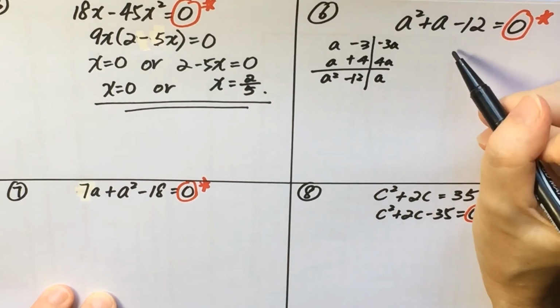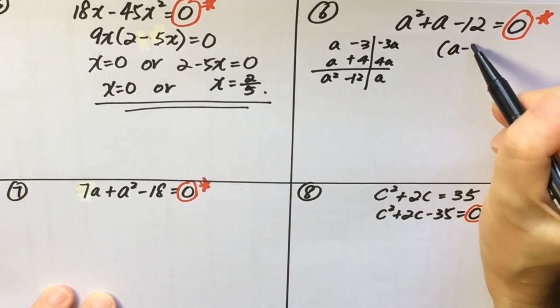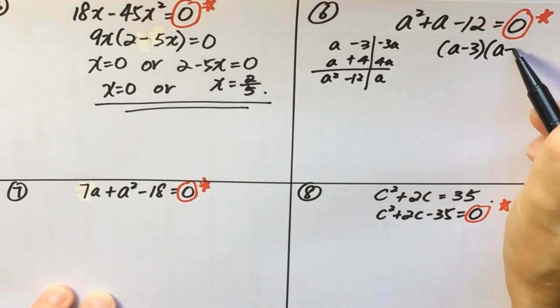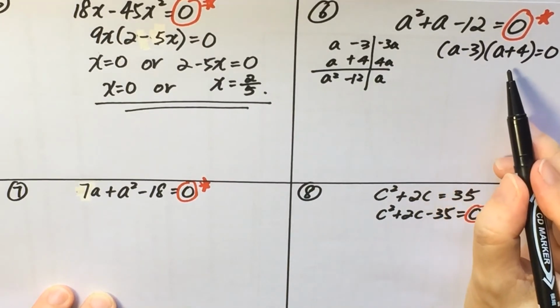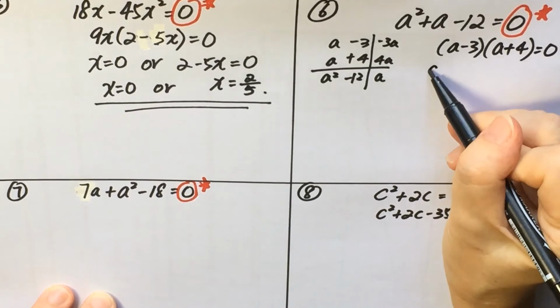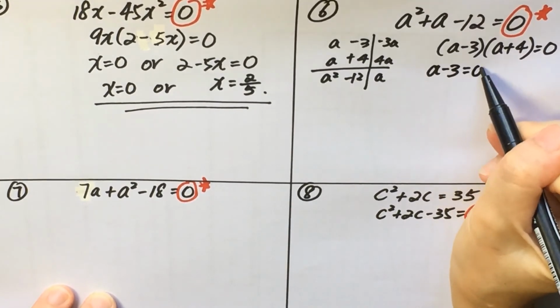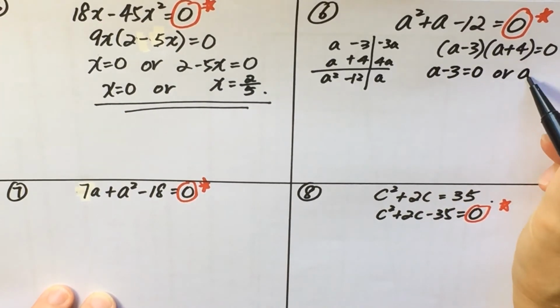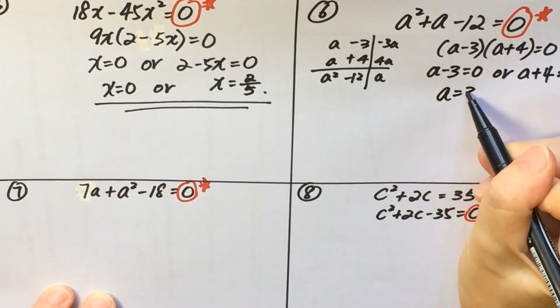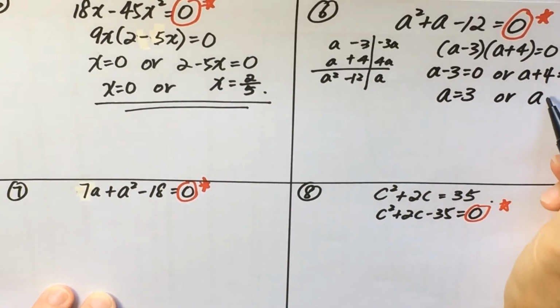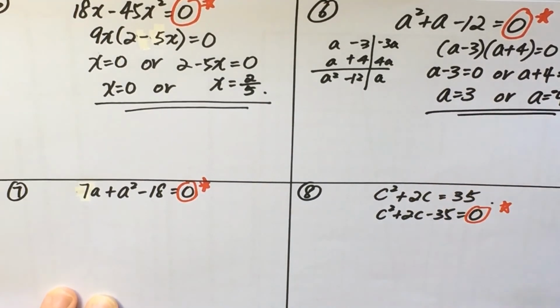Okay, so we're going to have factorize it to be a minus 3 times a plus 4 equals to 0. So is either a minus 3, this factor is a 0, or the second factor of a plus 4 equals to 0. So here a is equals to 3 or a equals to negative 4. Okay, so these two are the answers.